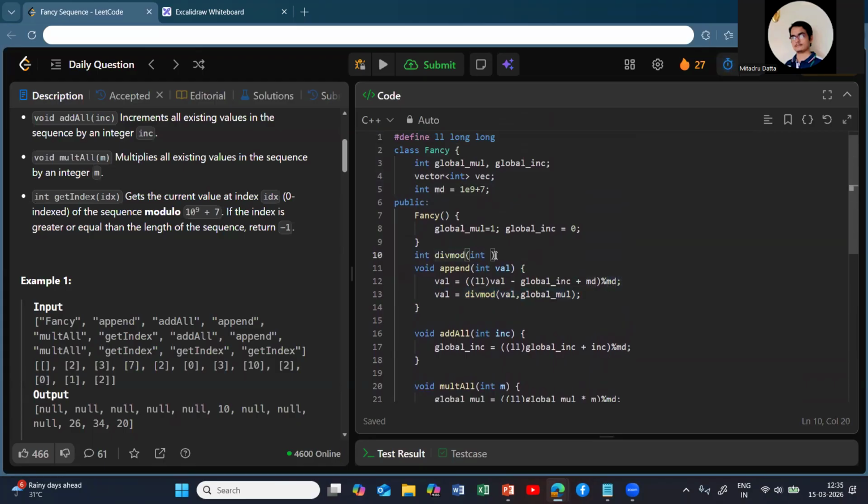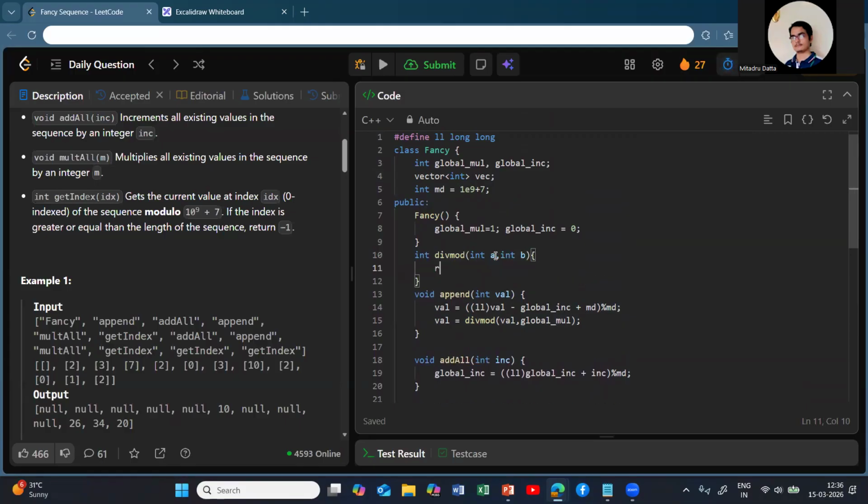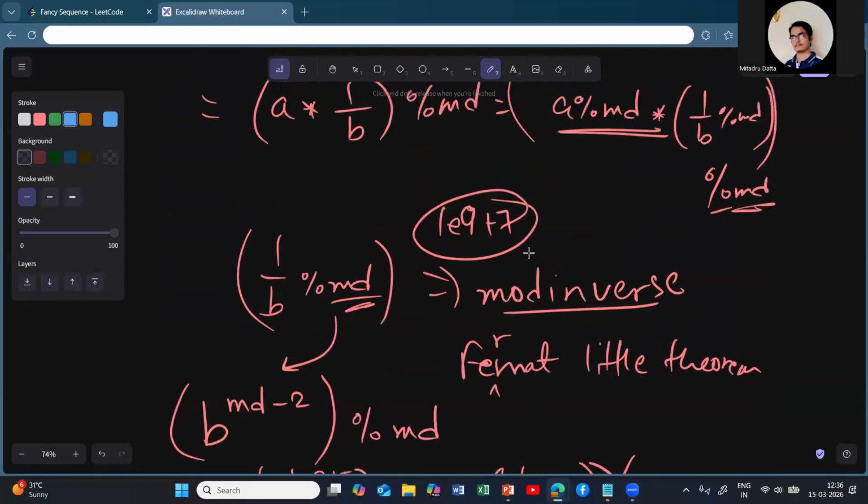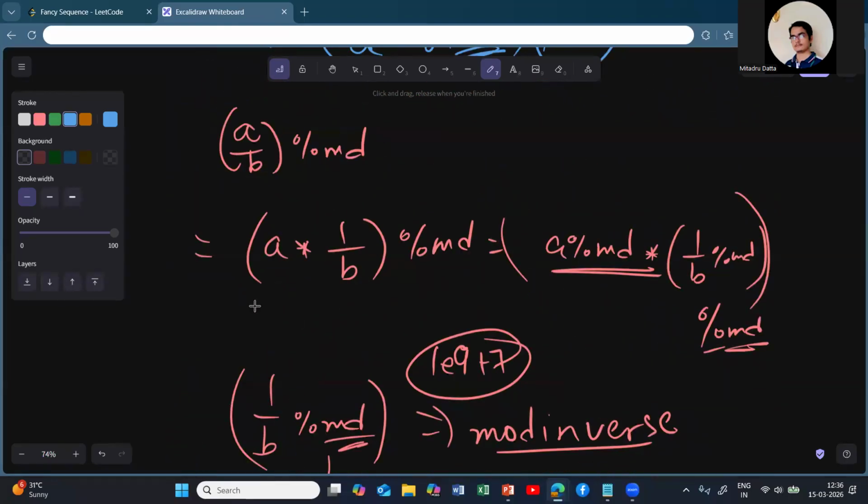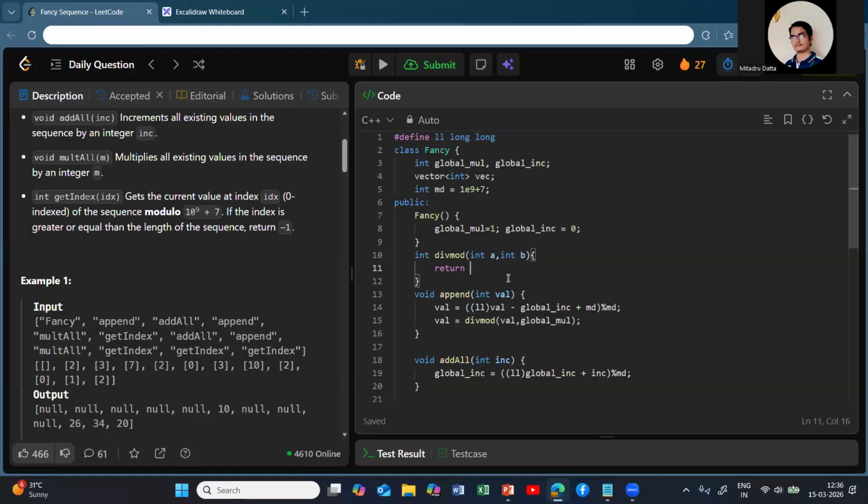And int, let's say I want to calculate a to the power b. My result will be nothing but, as I told you, divmod can be written in this way, right? So you can write it as a modulo mod multiplied by mod inverse of b.